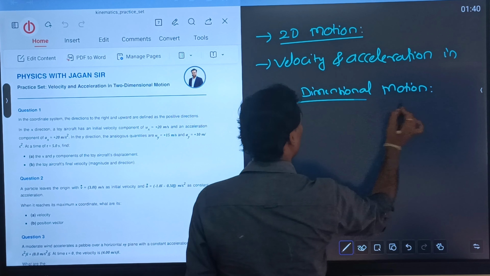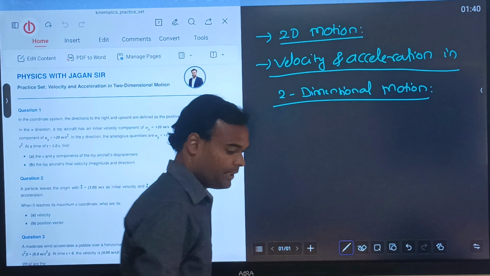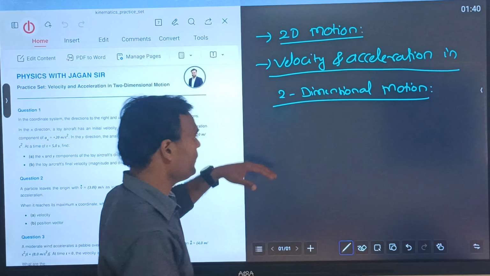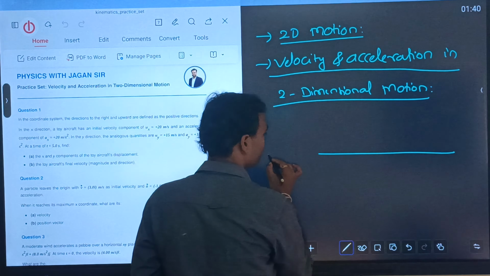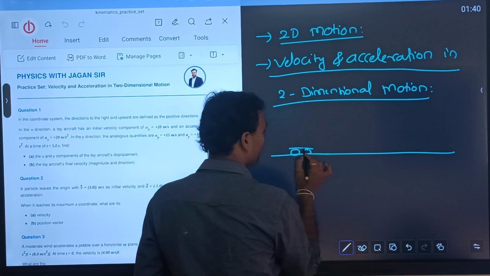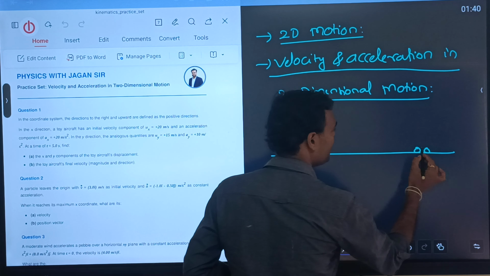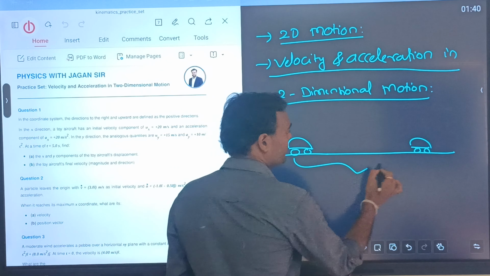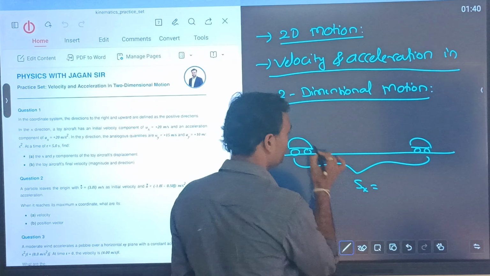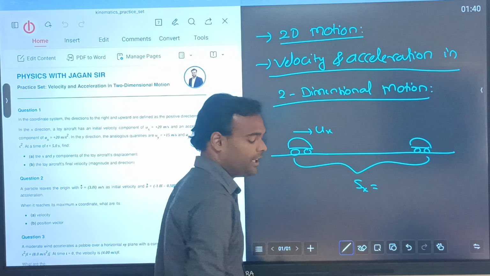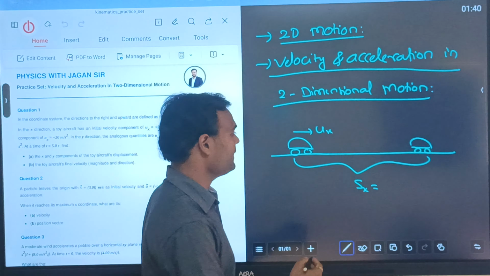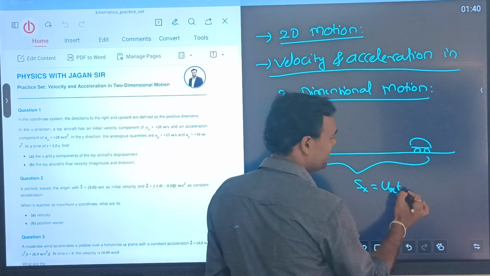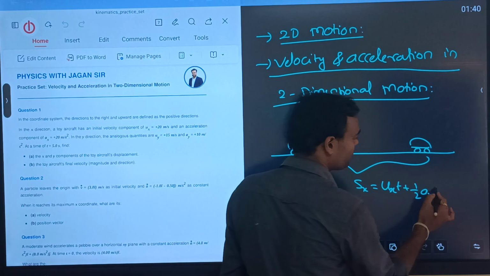Now see here, the first point is, we have seen very clearly in our previous classes, if an object starts its journey and ends its journey at this point, then we can use the displacement value Sx, if it initially has velocity on the x-axis, as s = uxt + 1/2 axt².